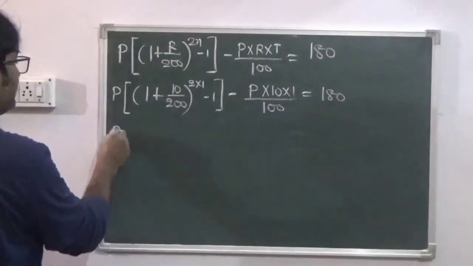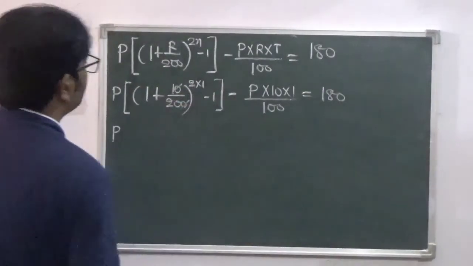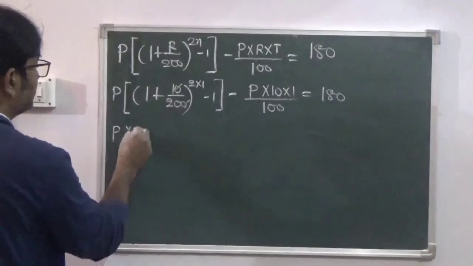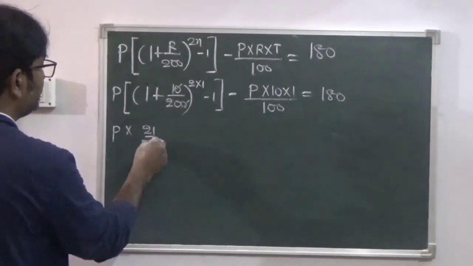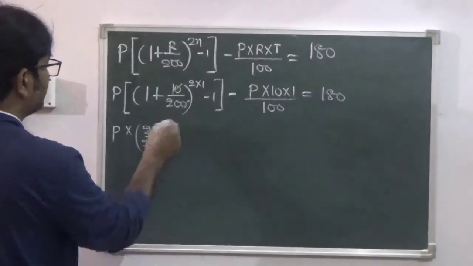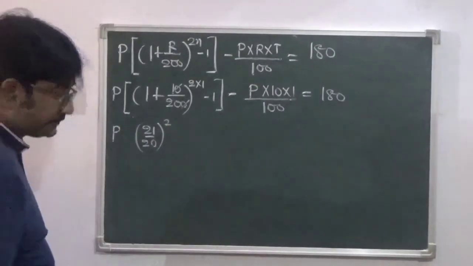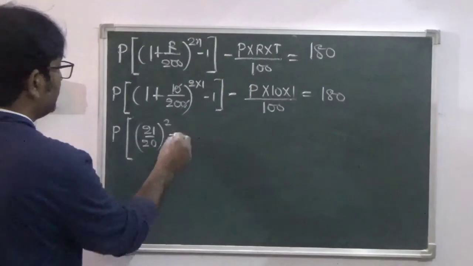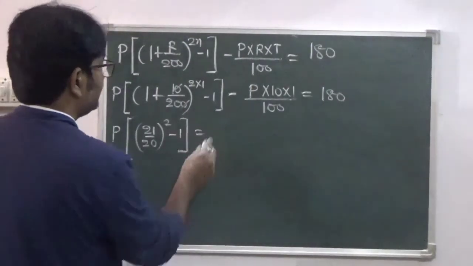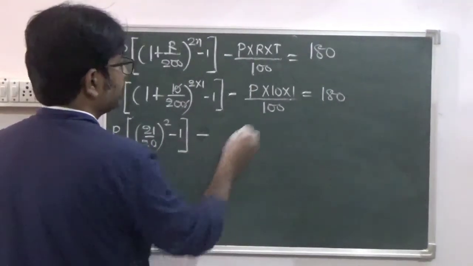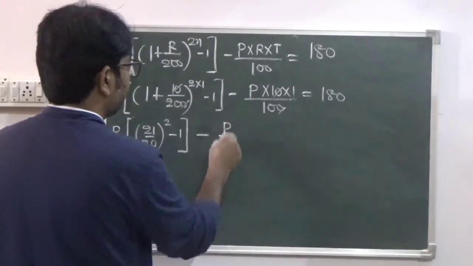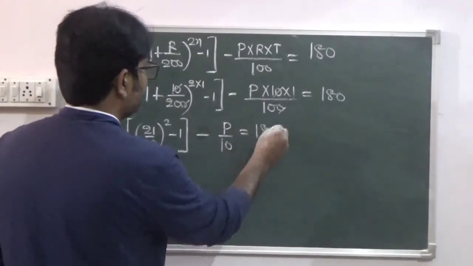So it is P into (21 by 20) squared minus 1, minus P by 10 equals 180.